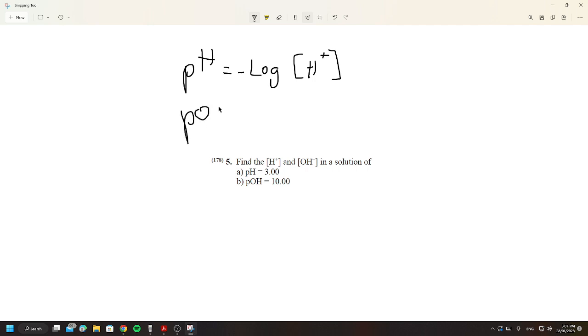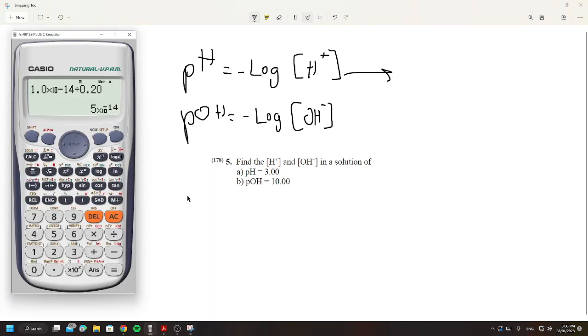And for pOH, it's equal to negative log concentration of OH minus ions. Therefore, we can just solve for this. You can solve for it on the calculator, shift solve. But I also believe there's a formula for this if you don't have shift solve on your calculator. I just don't know it.